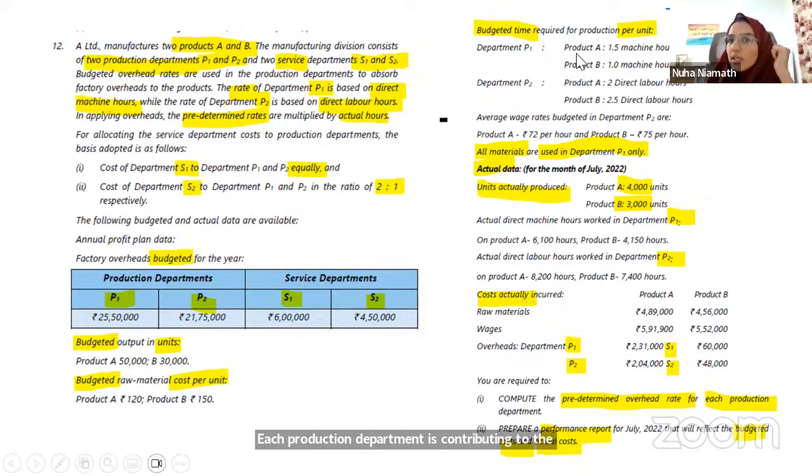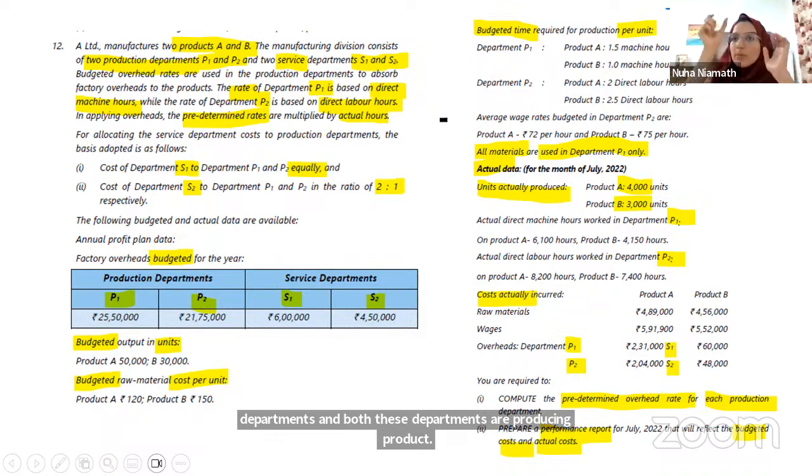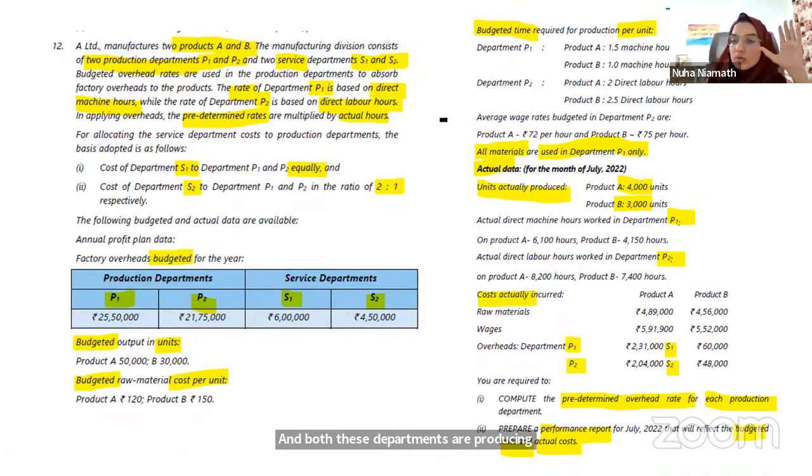So product A gets produced in department P1 and also in department P2. Both these departments are producing product A and both these departments are producing product B. So this is how you need to visualize the process in the organization.